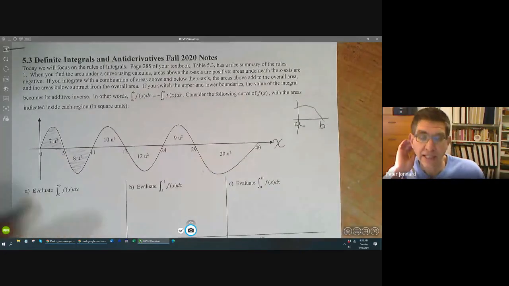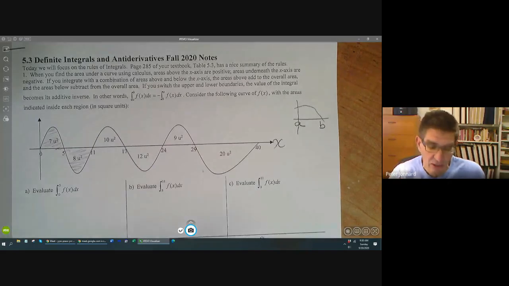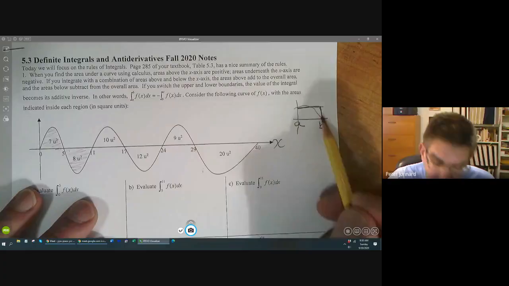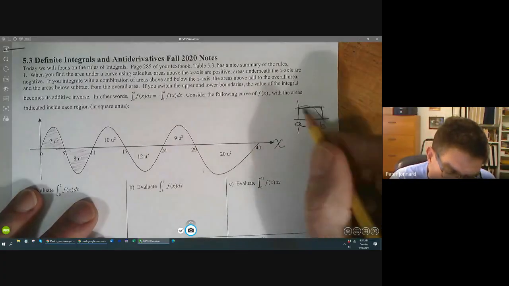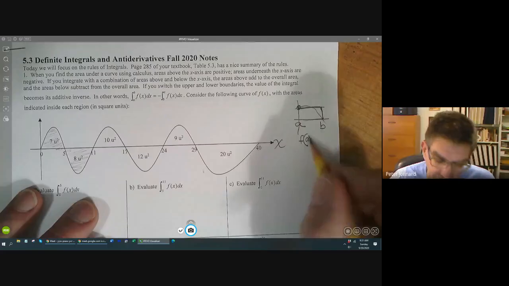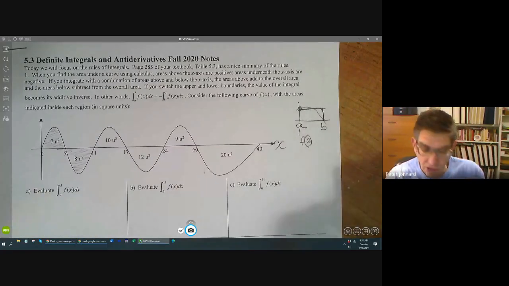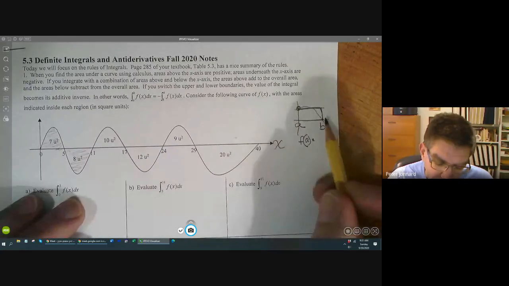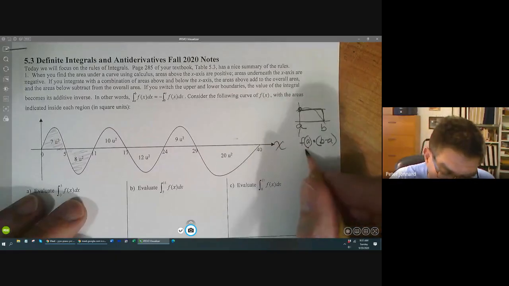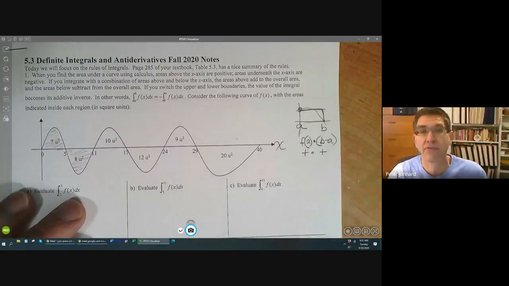And let's say you're just going to use a single rectangle for the Riemann sum, just one big old rectangle. The height would be evaluated at some particular value, but then you would multiply that by the width. And in this case, the width would be b minus a, which would be a positive number. So you'd have a positive times a positive, which is a positive number.